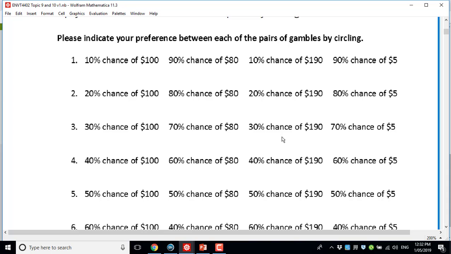Why am I saying safer? Because if you look at the payoff, $100 and $80, there is not much difference, and the probabilities are the same. Whereas here, you have $190 and $5. The payoff difference is much larger, so that's why it's riskier. Clear? Okay.